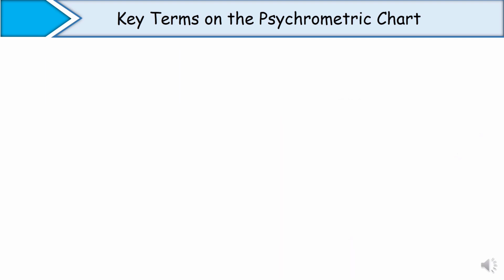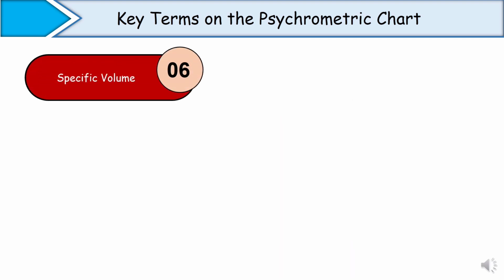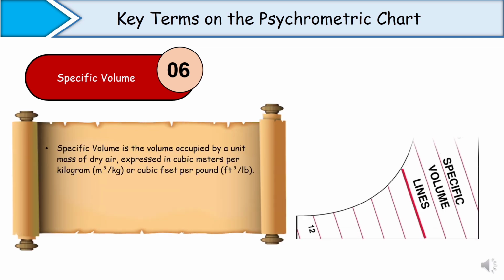Now the next one is the specific volume. What is this? Specific volume is the volume occupied by a unit mass of dry air, and it is expressed in cubic meters per kilogram or cubic feet per pound.